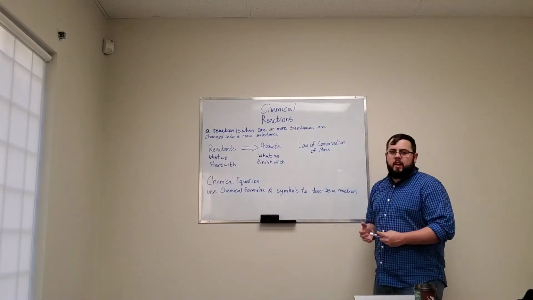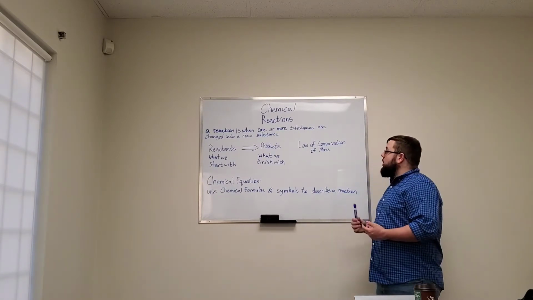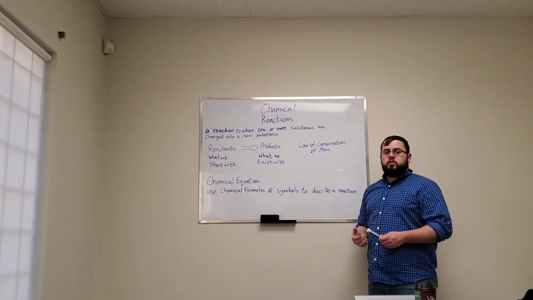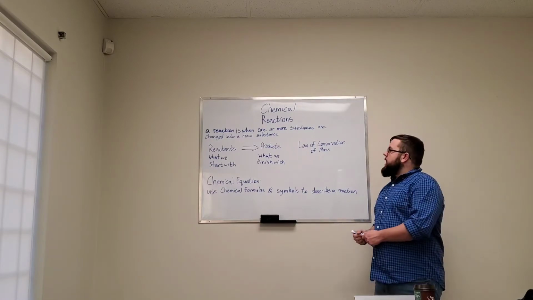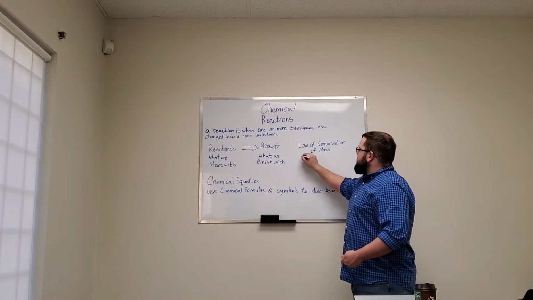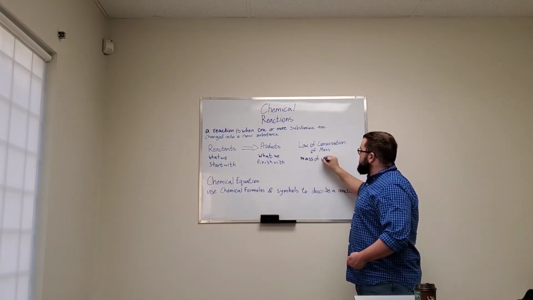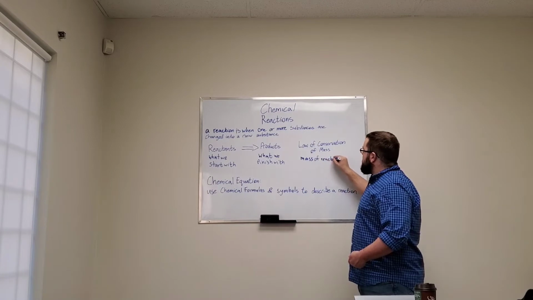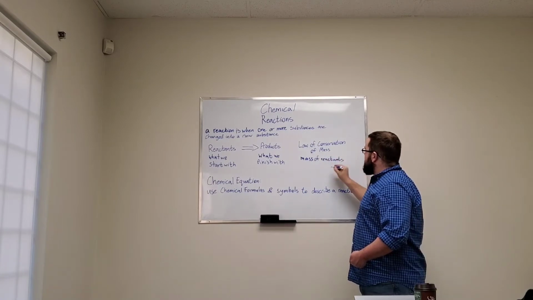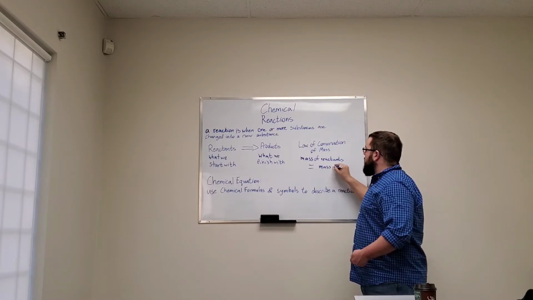Now, the interesting thing in chemical reactions is we actually have this rule, or this law, called the law of conservation of mass. The law of conservation of mass states that the mass of your reactants equals the mass of your products.